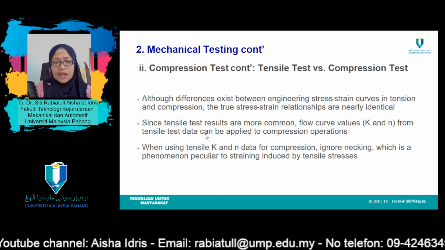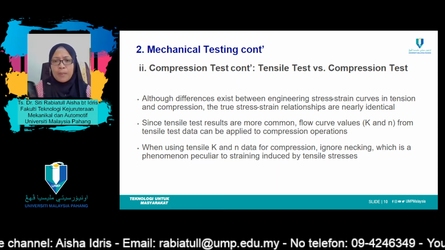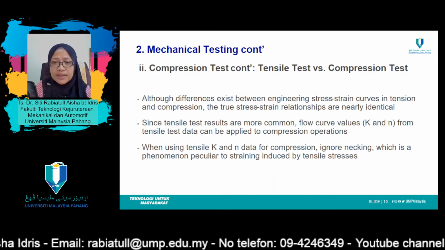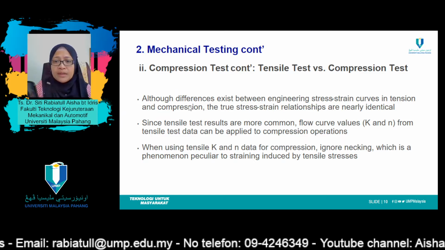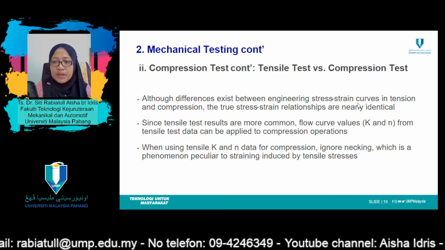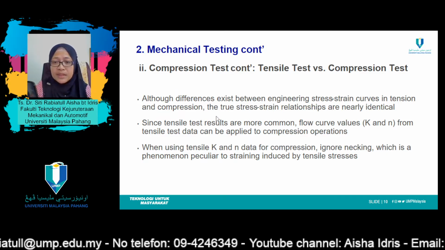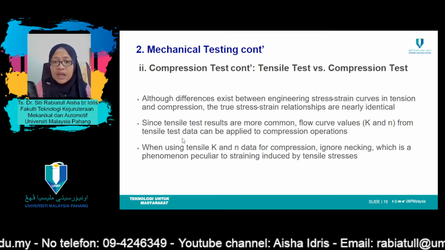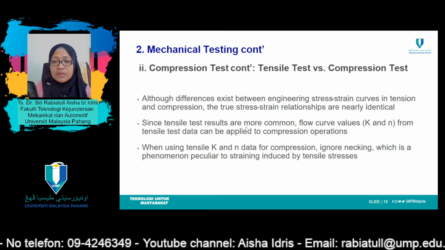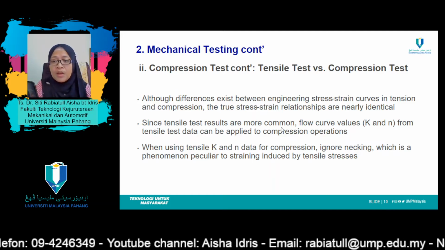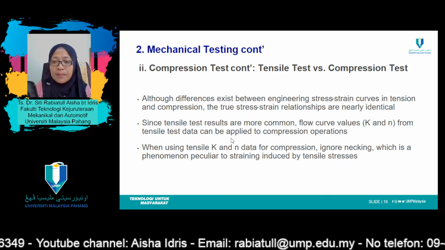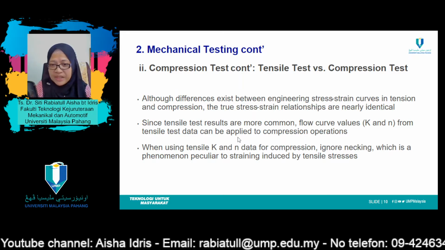This is the comparison between tensile and compression tests. Although differences exist between the engineering stress-strain curves in tension and compression, the true stress-strain relationships are nearly identical. Number 2, since tensile test results are more common, flow curve values from tensile test data can be applied to compression operations.